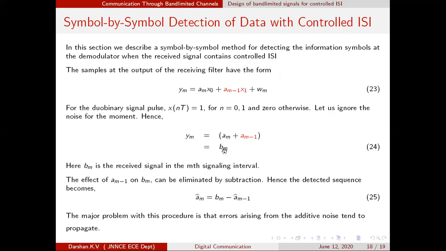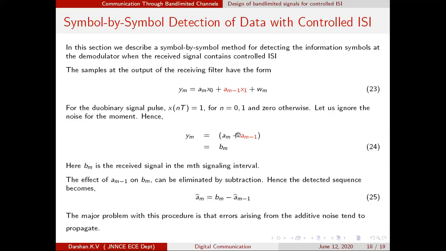On bm, you are not getting only the desired symbol, you also have the effect of the previous symbol added along with the desired symbol.